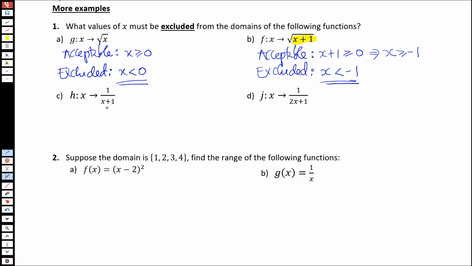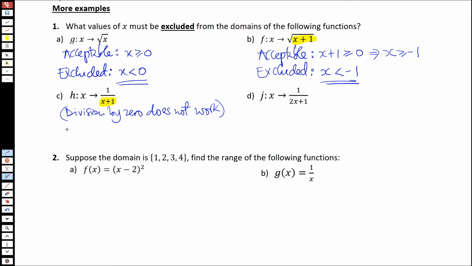In this case here, we know that division by 0 does not work. So what does it mean for this question? It means that the denominator cannot be equal to 0.